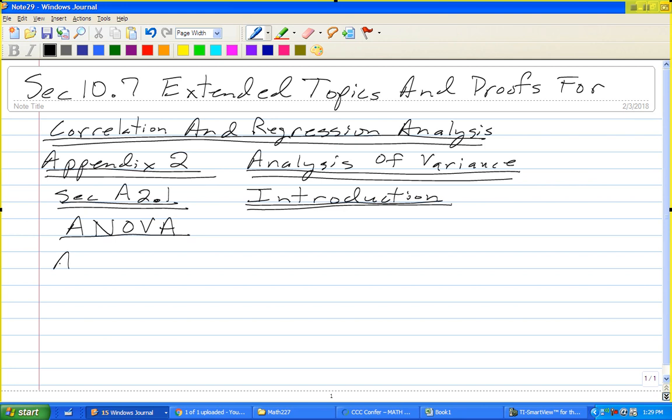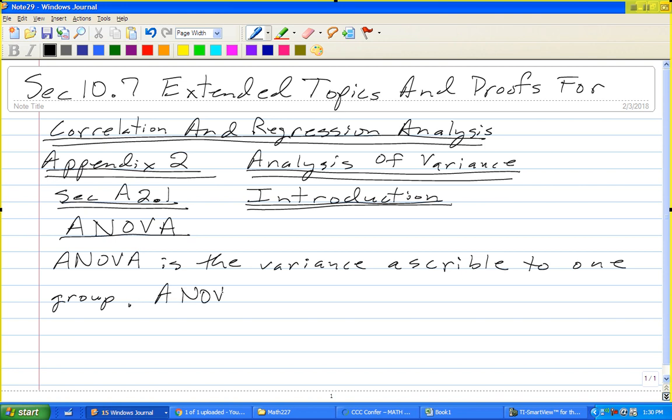So ANOVA is the variance ascribable to one group. ANOVA is based on the F-test.